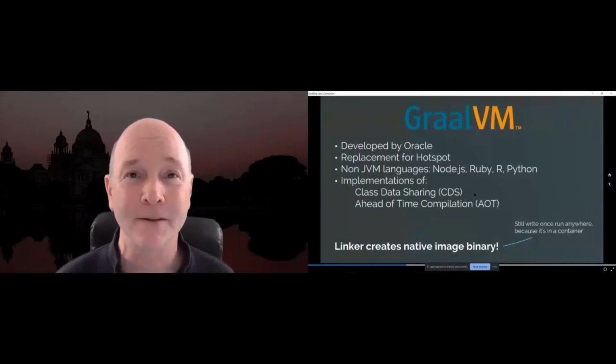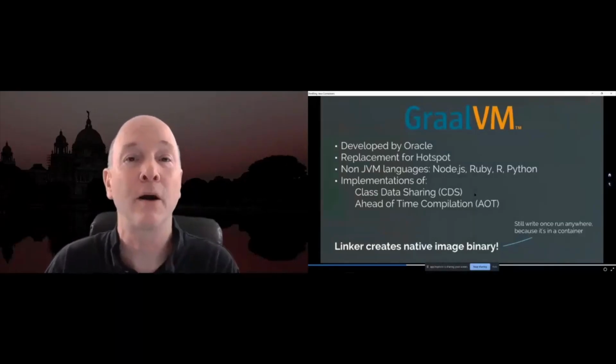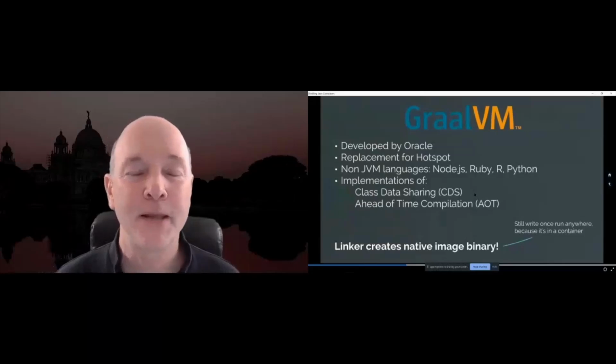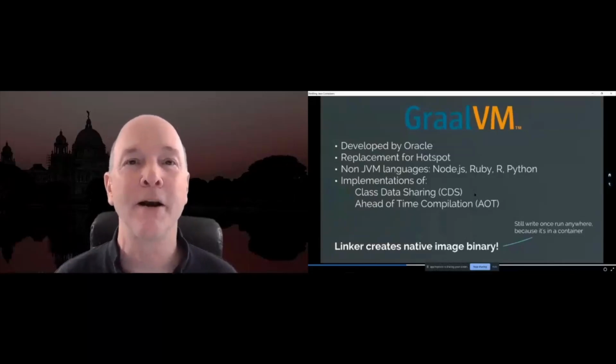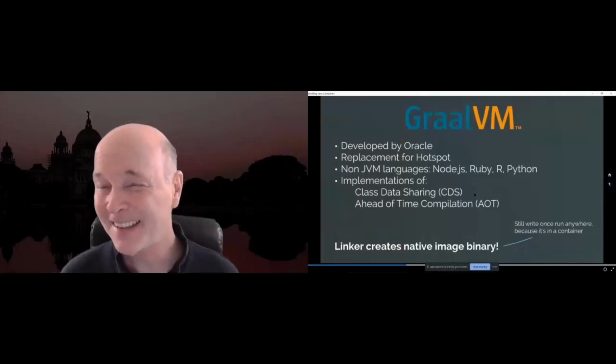It doesn't make sense. So if we know what we're going to be putting our application into, compile it to that binary. Use native image to take your Java application, build a binary out of it, and put it on Alpine or on Debian. Okay, that's the notion of it.